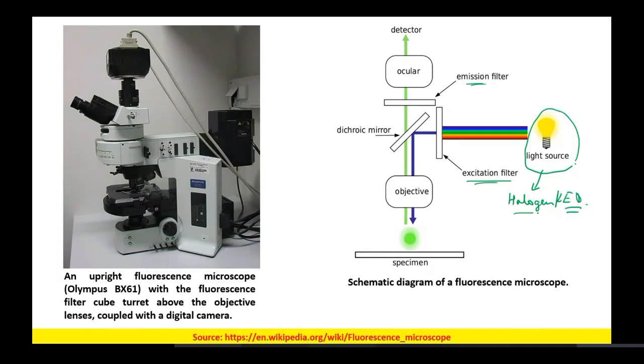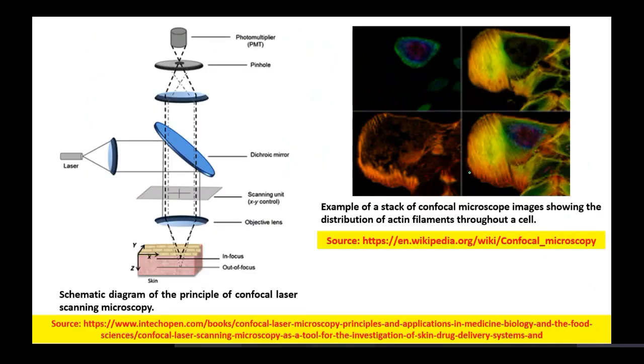Either halogen or LEDs can be used as a light source, and then we have the excitation filter and all these things. However, in confocal laser scanning microscopy, we use a laser. Why do we use a laser? We use a laser because a laser has high power.